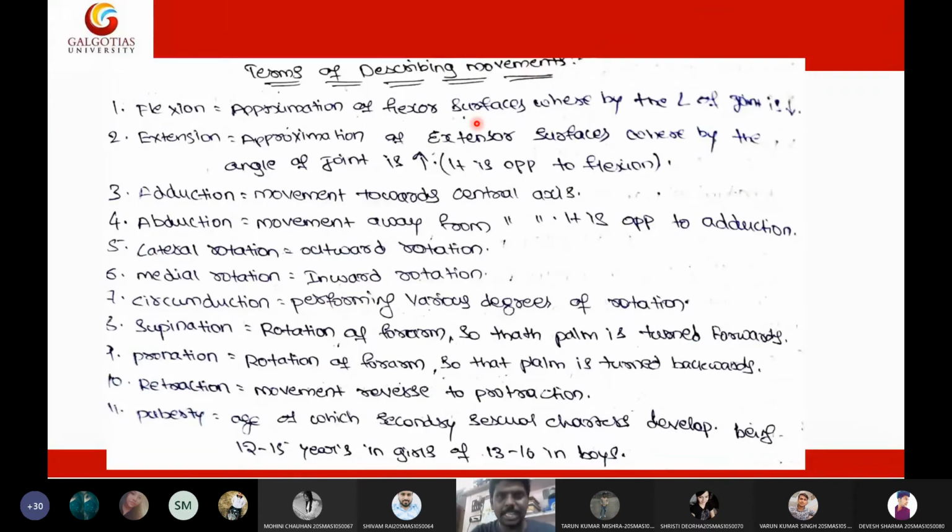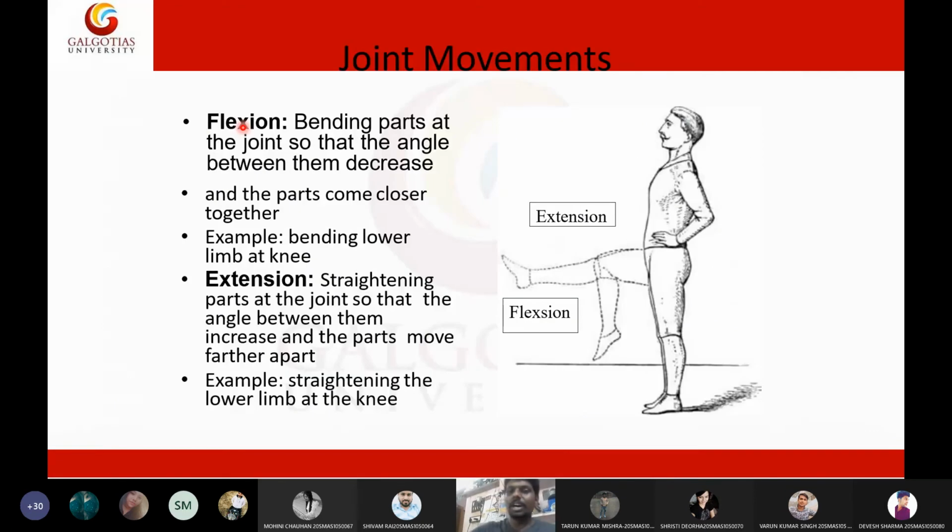And the last and final topic is the terms used in body movements, students. This is another important topic which you need to study in slightly more depth. The first one is flexion. Flexion means to pull, bending parts.